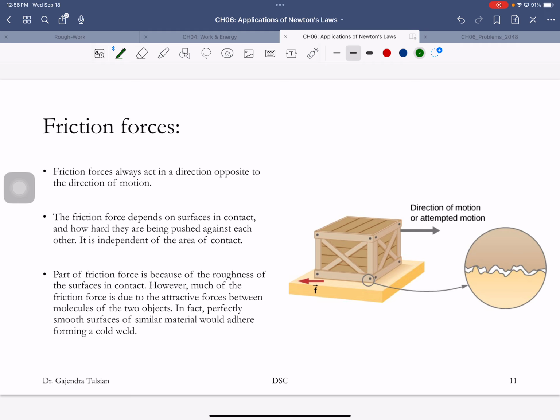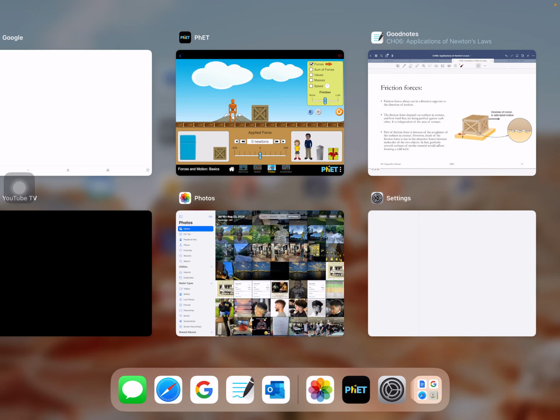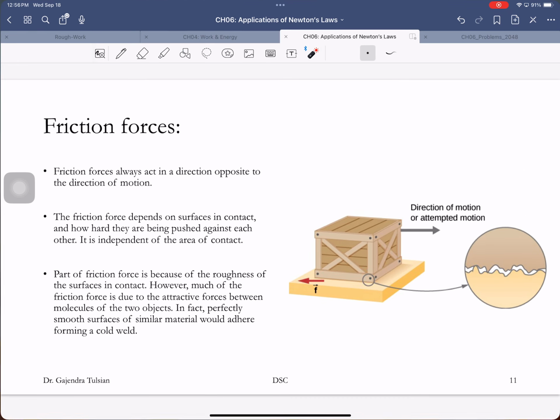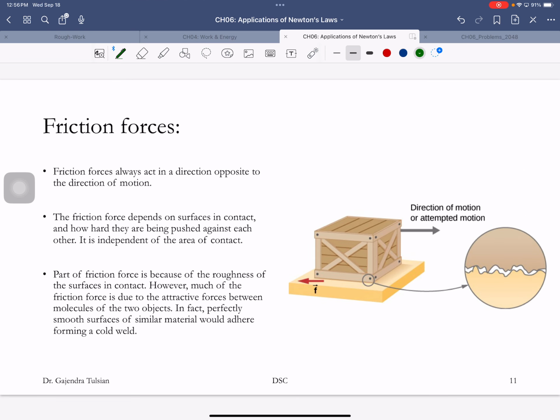Now we'll consider friction forces. There are two kinds of friction forces. We'll consider static friction forces and kinetic friction forces.